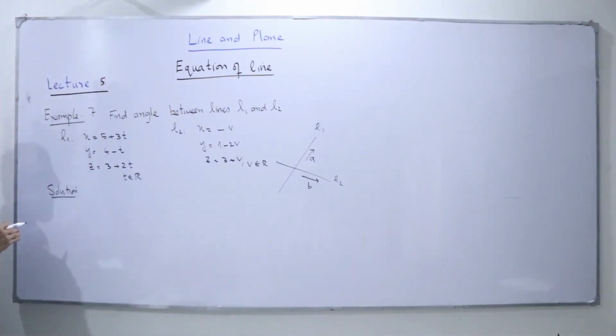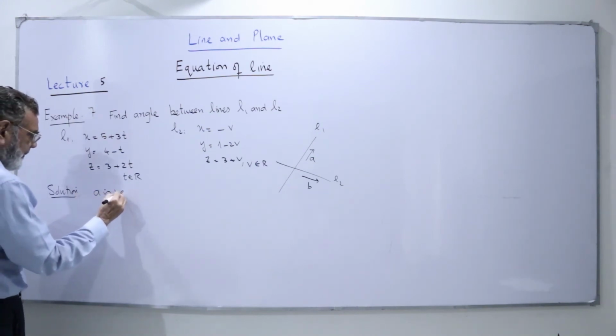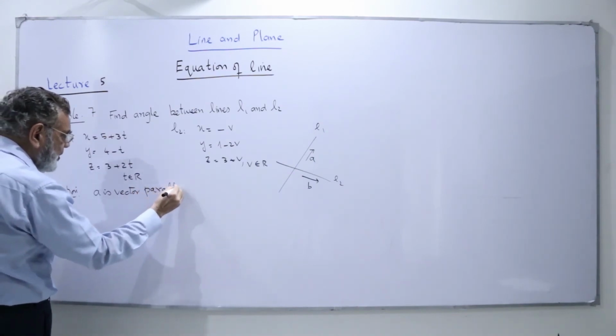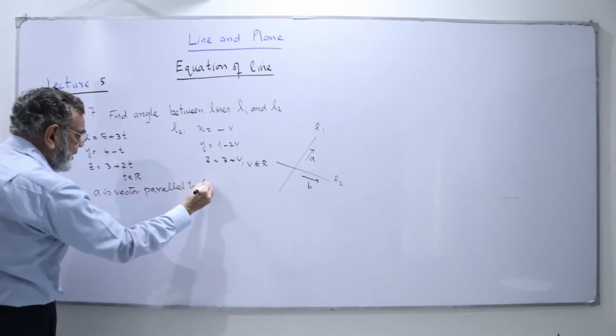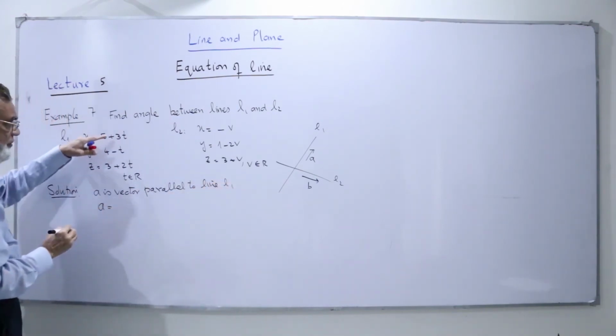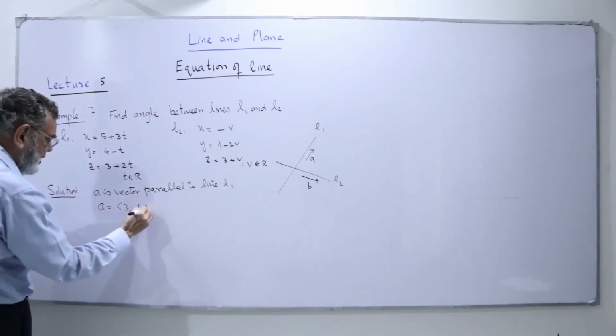So I can find the vectors parallel to line L1. Vector A is a vector parallel to line L1. So the coordinates of A are the coefficients of t: 3, -1 and 2.